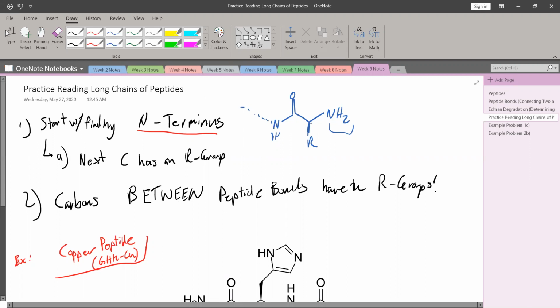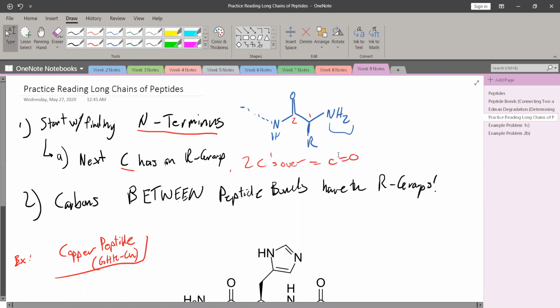Two carbons over, so this is 1, this is 2, will be a C double bond O. That's how you can tell whether the NH2 that you chose is an N-terminus. And so next C has an R group, and then 2 C's over equals a C double bond O.